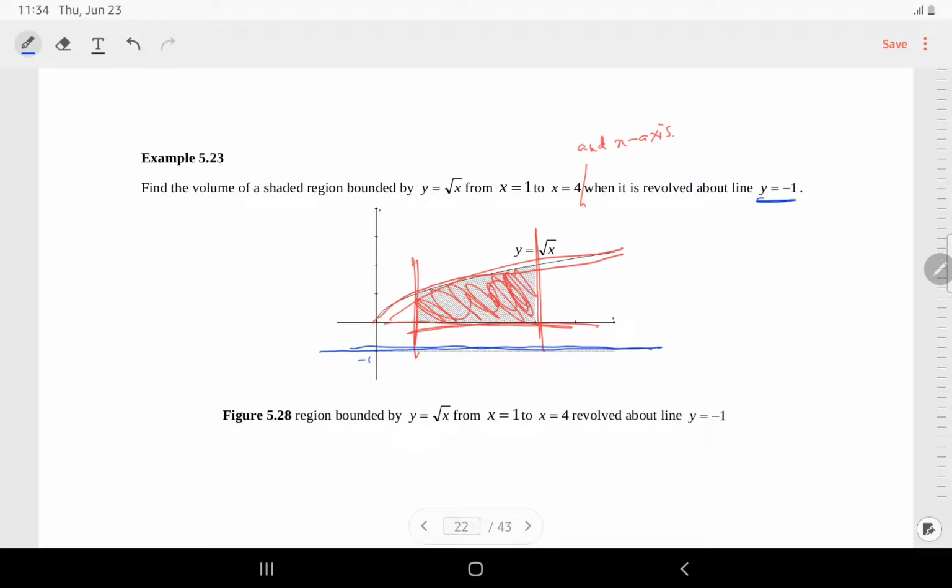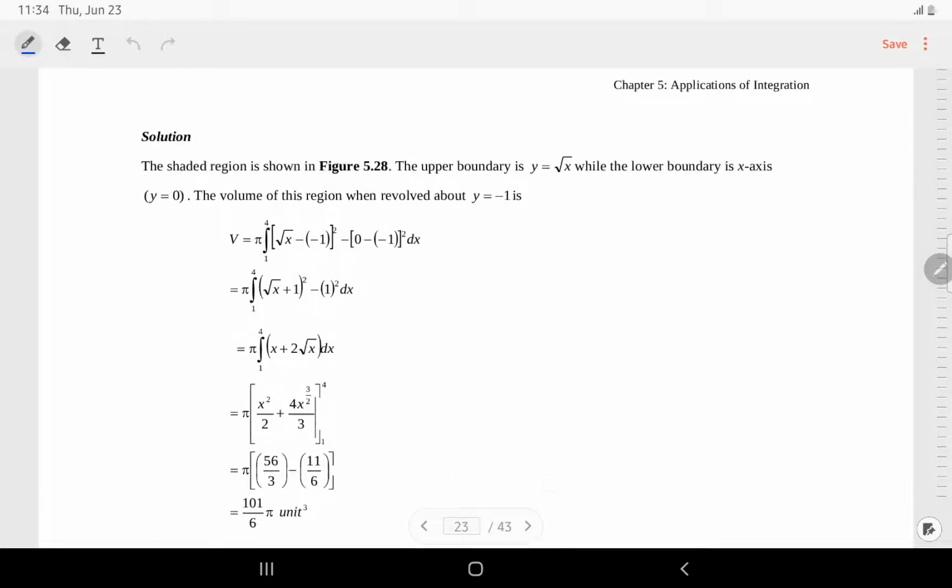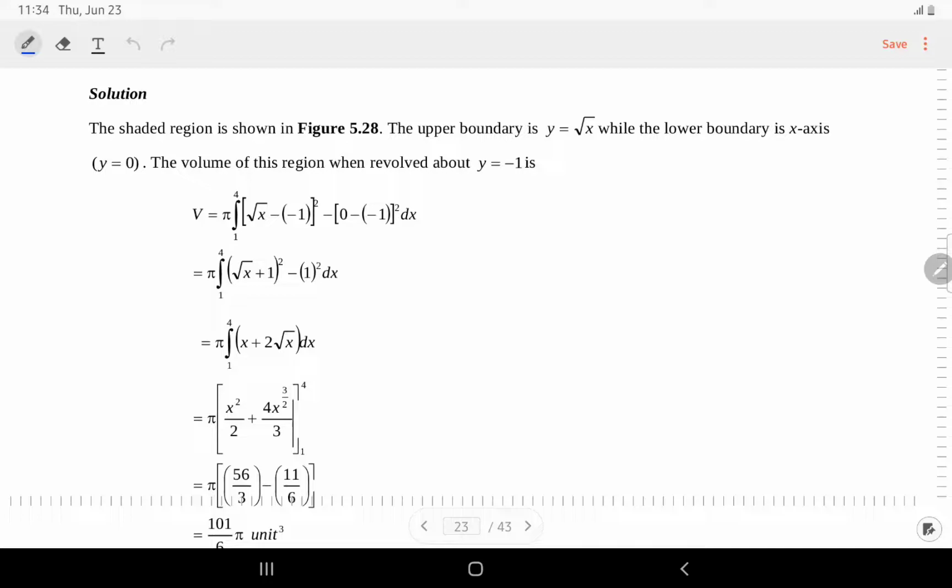So kita kena guna formula dalam theorem 5.5. Okay, so kita tengok solution dia macam mana. 5.5. Okay, so dalam theorem 5.5, okay, formula dia pi integral. Yang ni adalah function atas, okay, upper boundary. Ini lower. Ini adalah k dia.